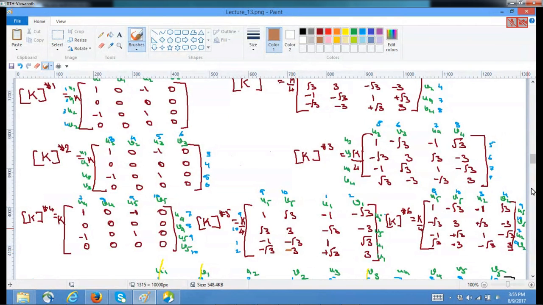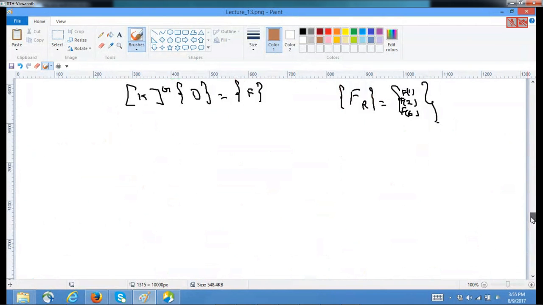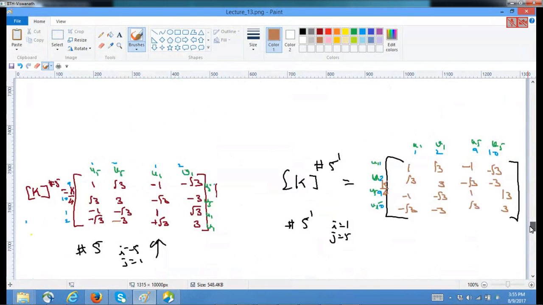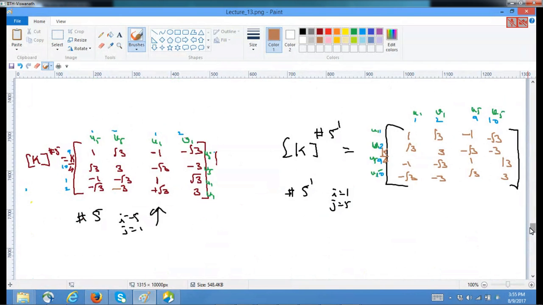So even if you do it in whatever manner you want, I as 5 and J as 1 or the other way, this would be unchanged. It will come in the same manner. It's just like reshuffling it here or in this manner, it will be the same thing, because the stiffness should not depend on the nomenclature. Let's say the character of a person should not change based on the name you have given to him, because a name is only a nomenclature.